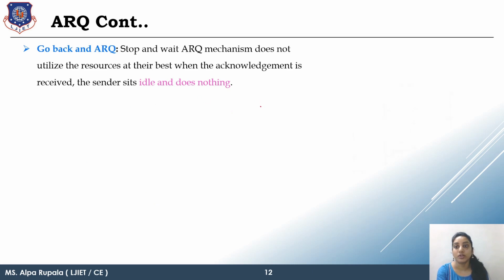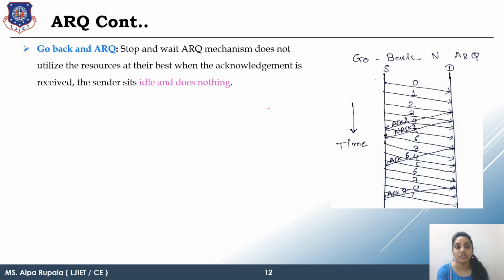This disadvantage is overcome in the next ARQ type, that is Go-Back-N ARQ. Now the concept is this: in Go-Back-N ARQ, we send the acknowledgement for a bunch of data rather than for a single individual packet.